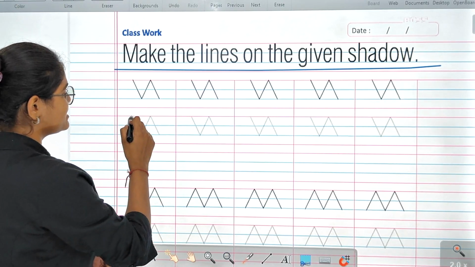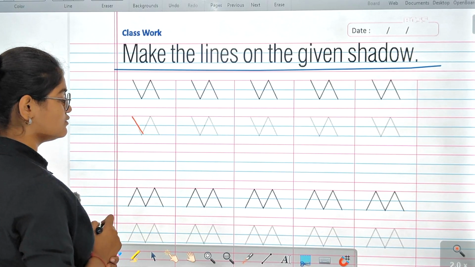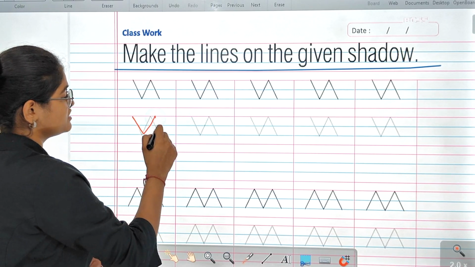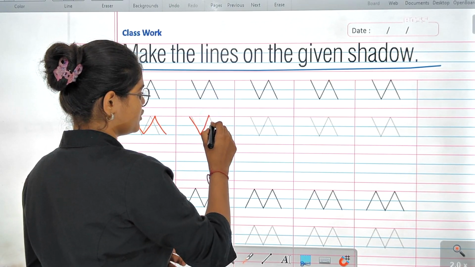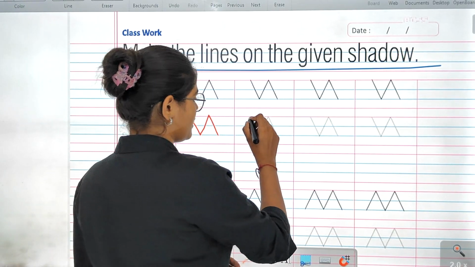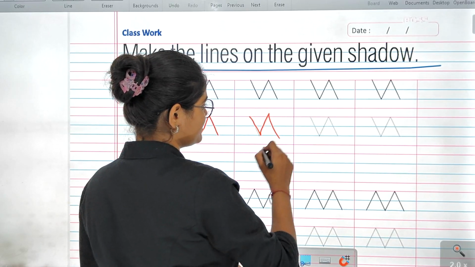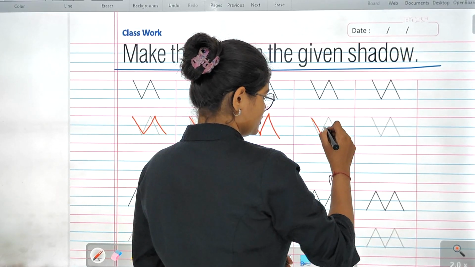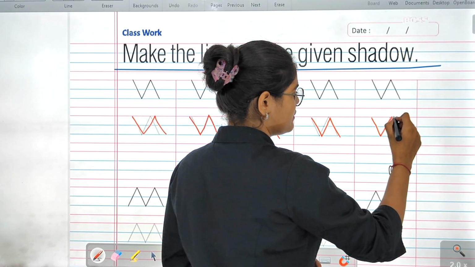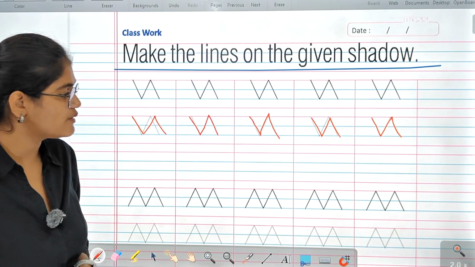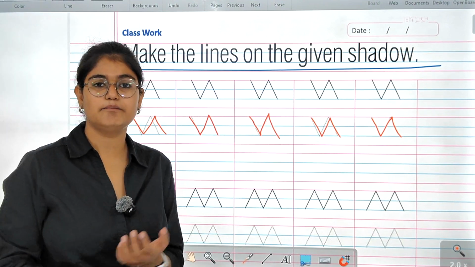As we have seen, a slanting line downwards, upwards, downwards, and once again, and hence we are easily able to make the pattern.